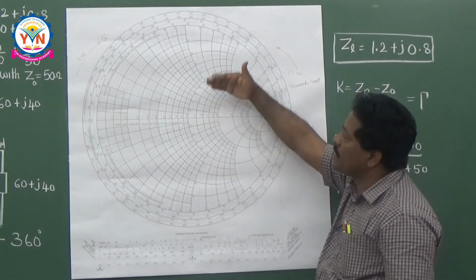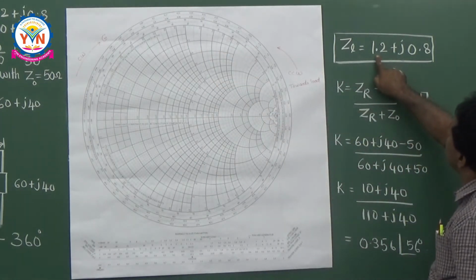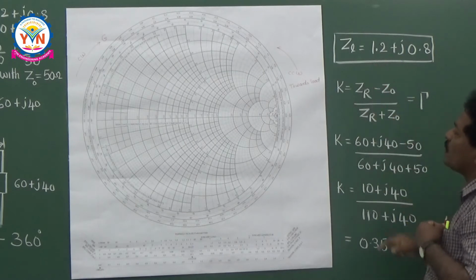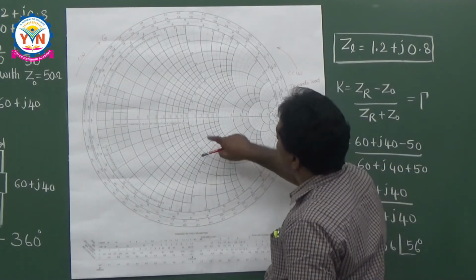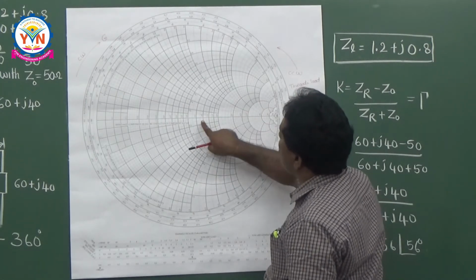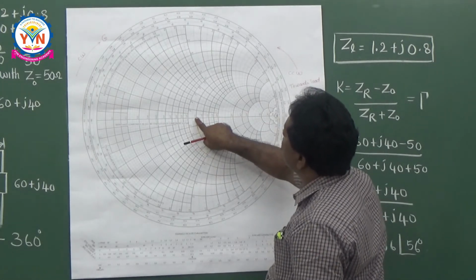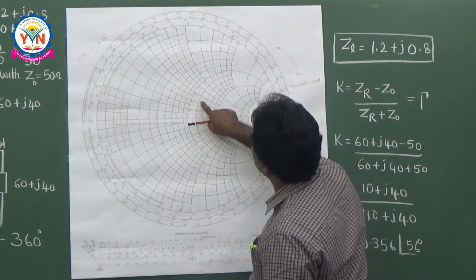The upper half is positive. So you have to know about this 1.2 resistance circle first. So what is that 1.2 here? So you can go here. These are the circles like this. I want the 1.2 circle, so this is the 1.2 circle.